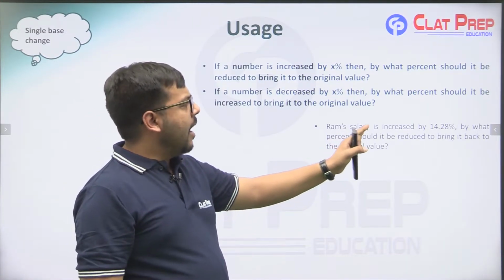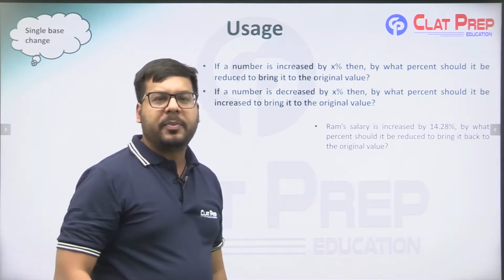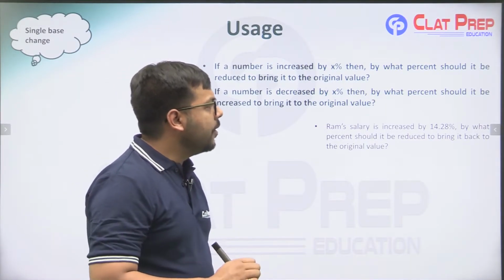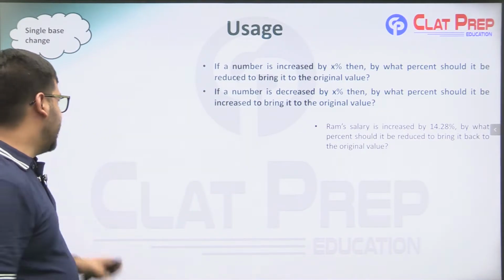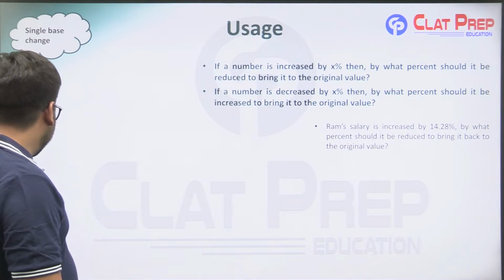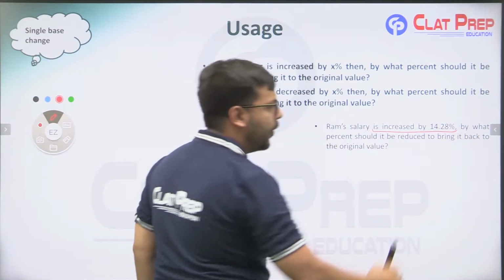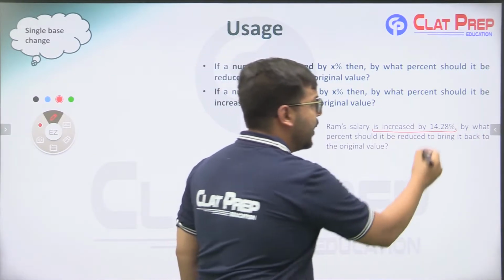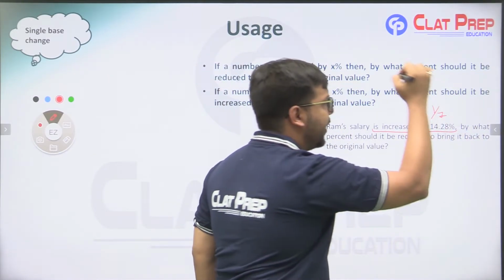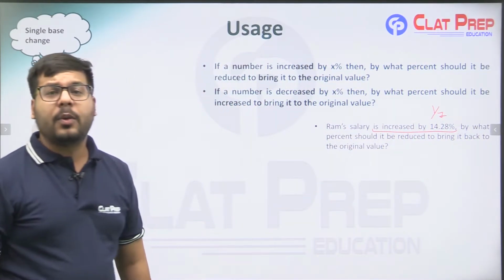Okay, let's take a simple example. Let's say Ram's salary is increased by 14.28%. By what percent should it be reduced to bring it back to the original value? Now I can clearly see that the question has mentioned that it is increased by 14.28%. Now first of all, what is 14.28%? I hope everybody knows that it is nothing but 1 by 7.